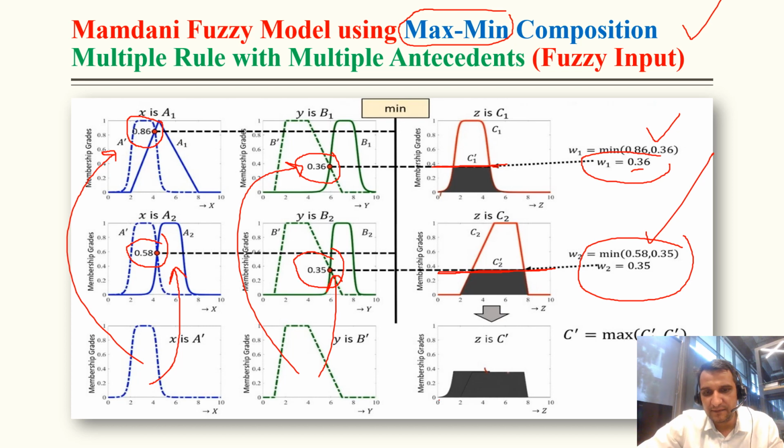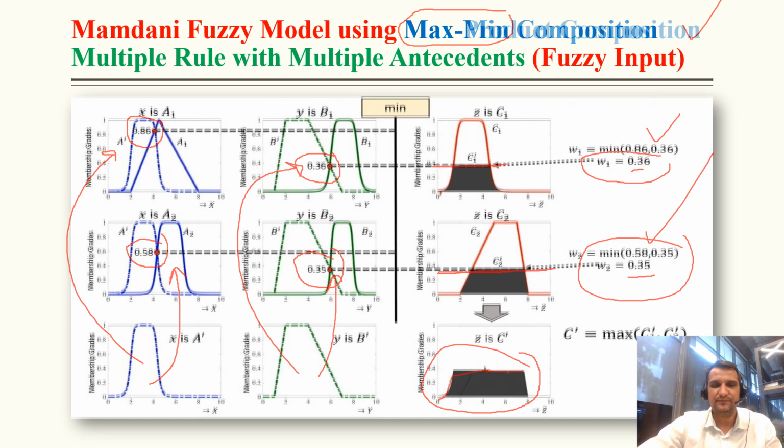So we will consider this as 0.36. After that this comes out to be up to 8.35. So there is a minor difference, a small peak downward. So this will be our final aggregated value. Now in the next slide we will compute max product.